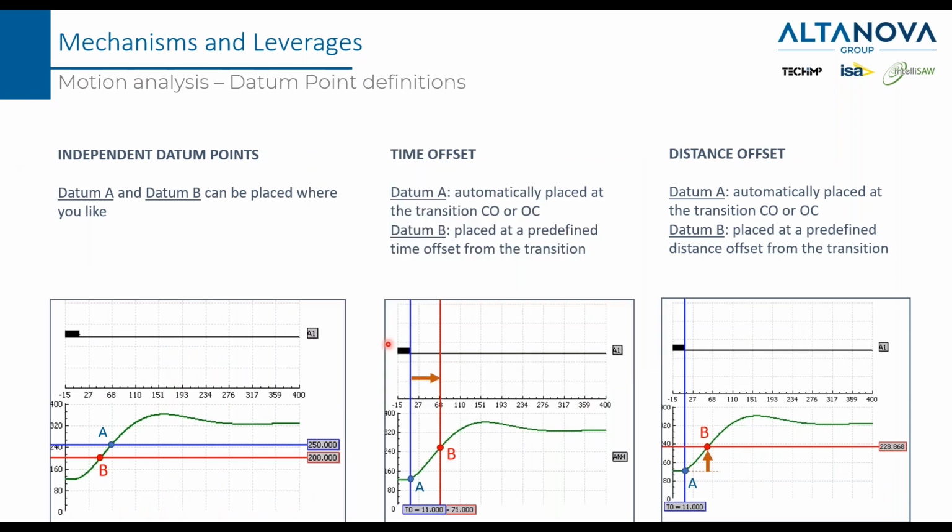Now we have to understand where to place those 2 points. This is a graph, a real graph, that is telling us what type of movement the breaker is doing after an opening command, because this indication is telling me that the circuit breaker was closed, and from this point is open. So you can decide to place those 2 datum points where you want.